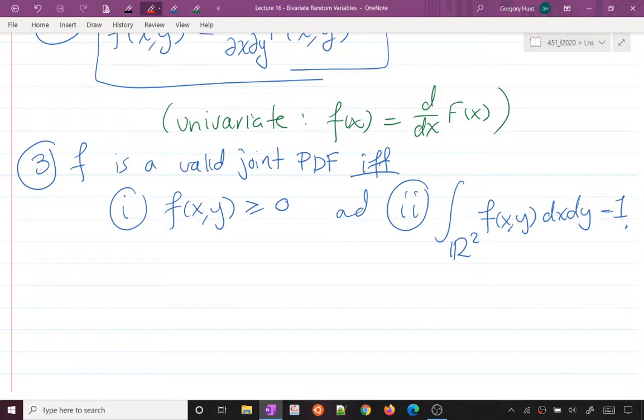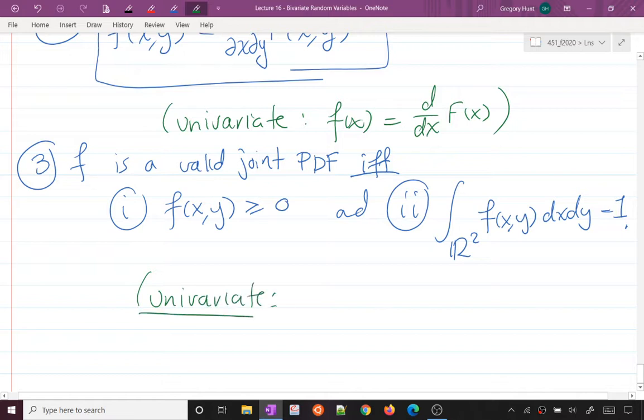Again, in the univariate case, we had that f_X was bigger than or equal to 0, and if I integrated f_X over the whole real line, I'd get 1. Same thing here, but now we have a bivariate random variable.